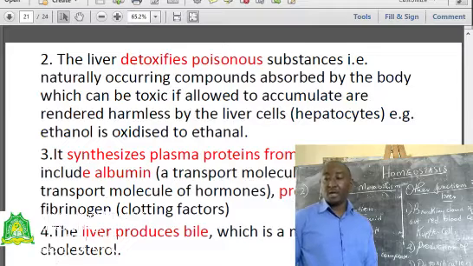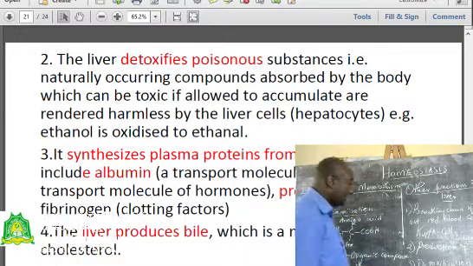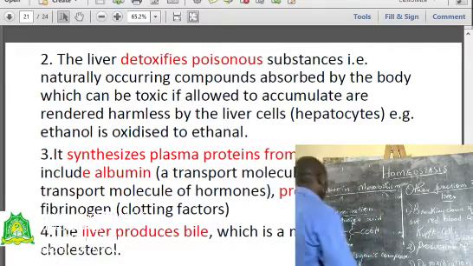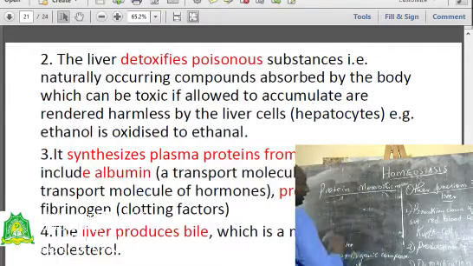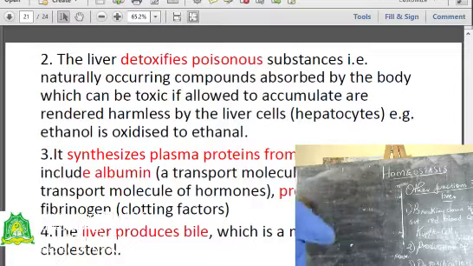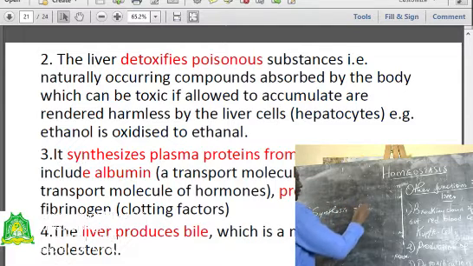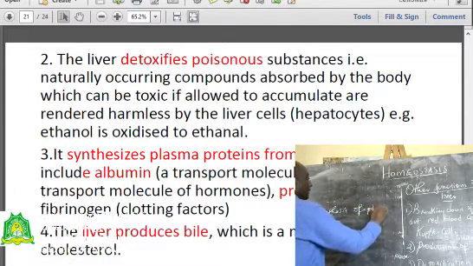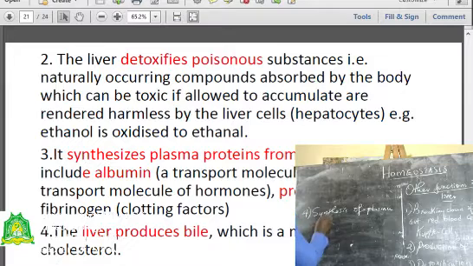Then we have another function, that is the synthesis of the plasma proteins. Another function, number 4, is synthesis of the plasma proteins.